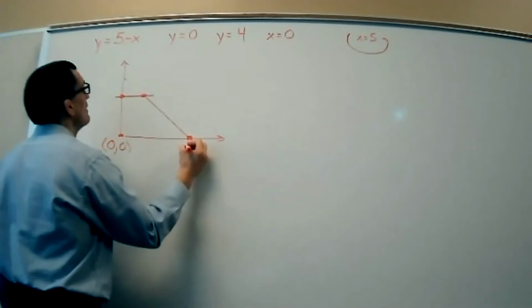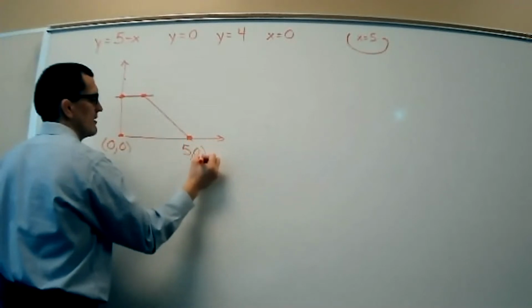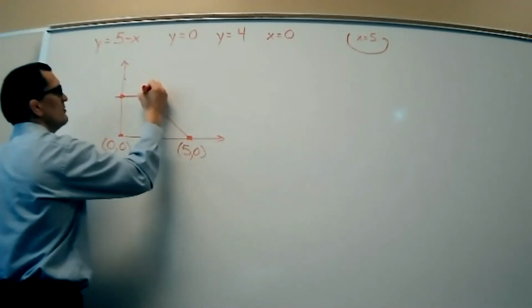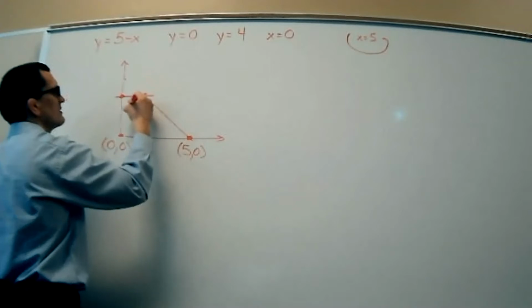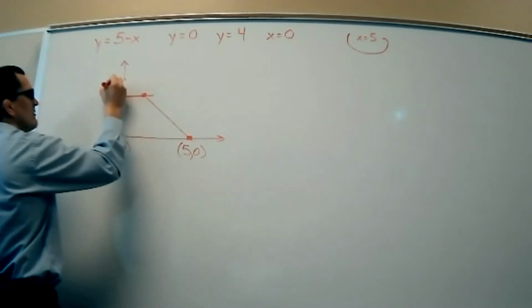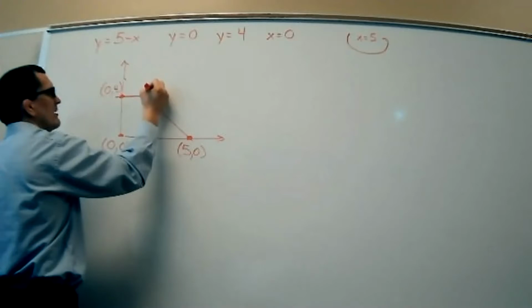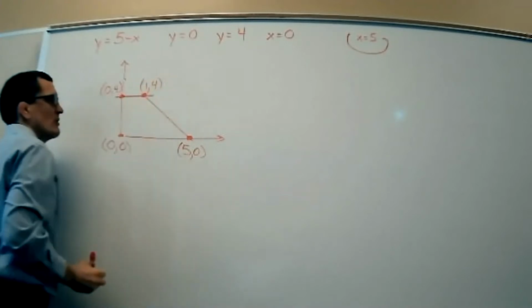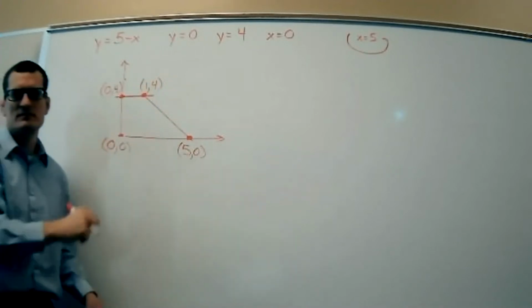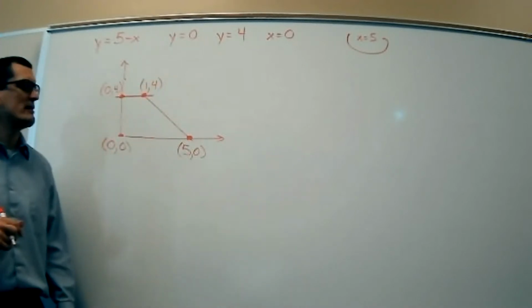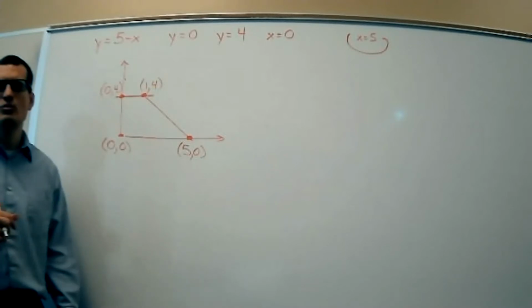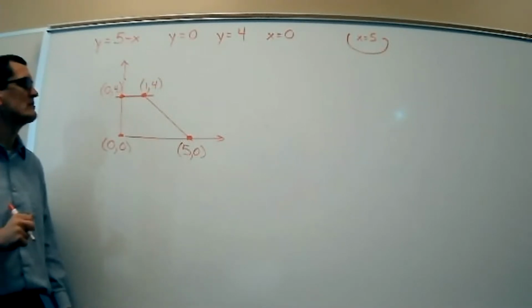Over here, this is the point 5, 0. This is the point 0, 4. This is the point 1, 4. So our quadrilateral has those points as the intersections.